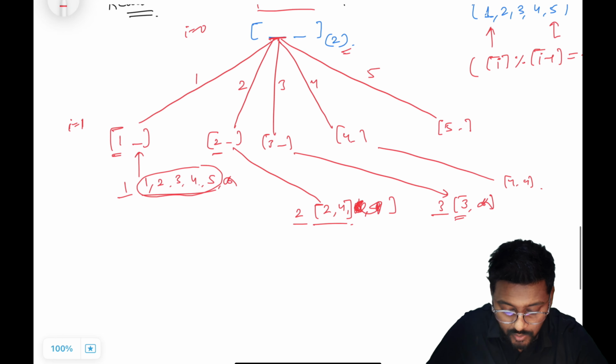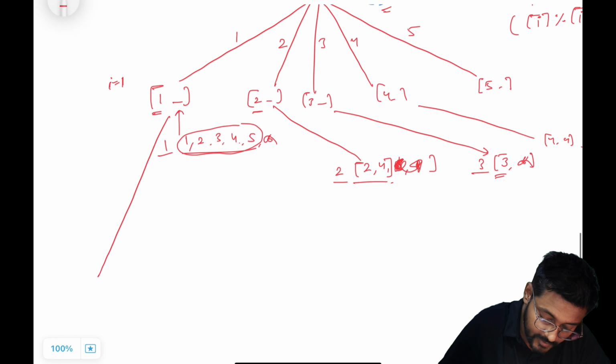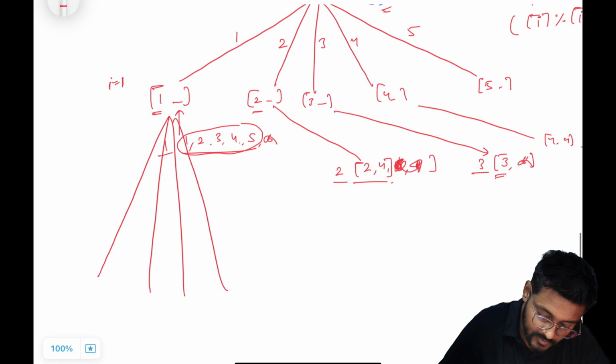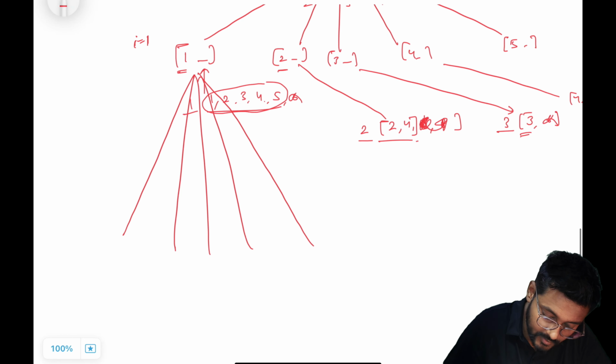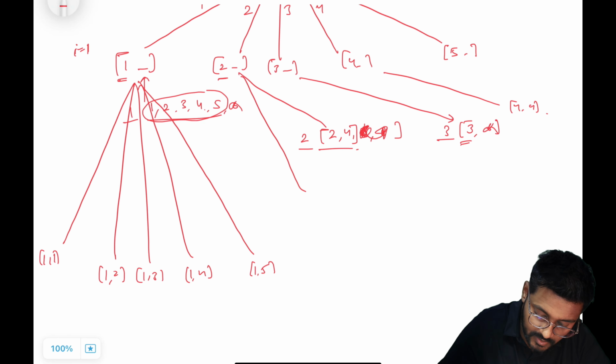So if I just try to cleanly write this recursion tree, after 1 I have 5 possibilities, 1, 2, 3, 4, 5. One possibility is I'm taking 1, 1. I'm taking 1, 2, 1, 3, 1, 4, 1, 5. After 2 we have 2 possibilities, 2, 2 and 2, 4.